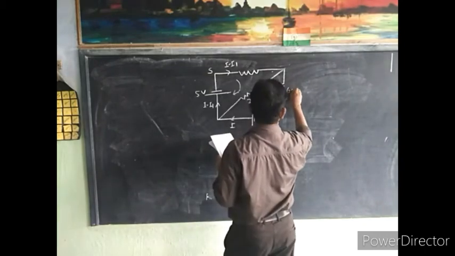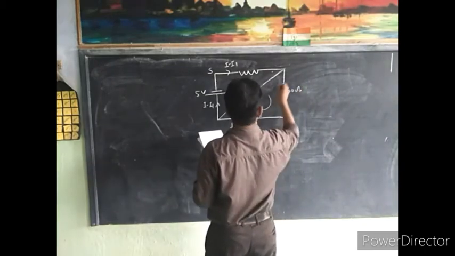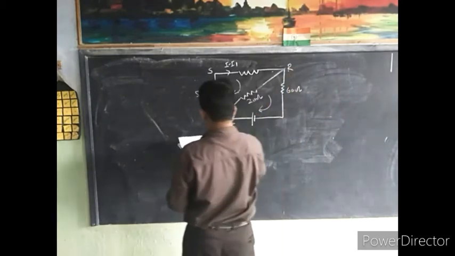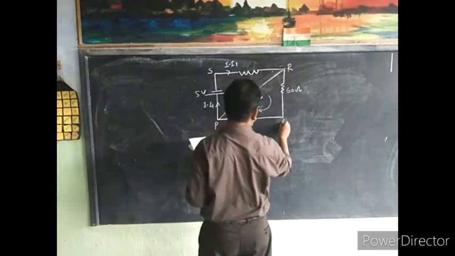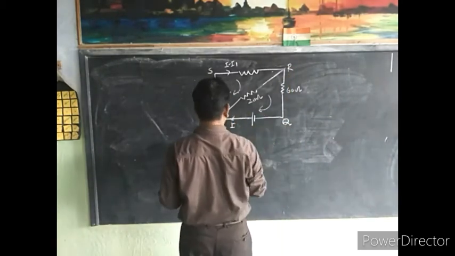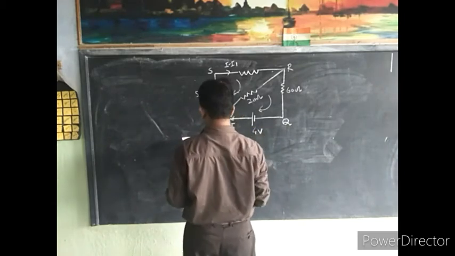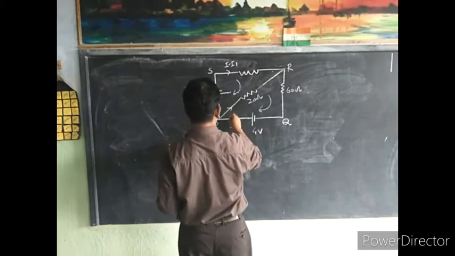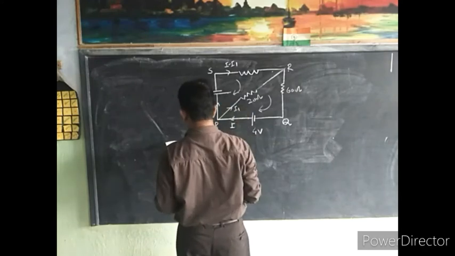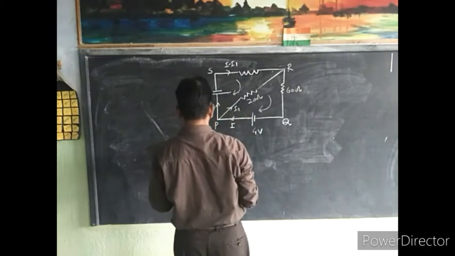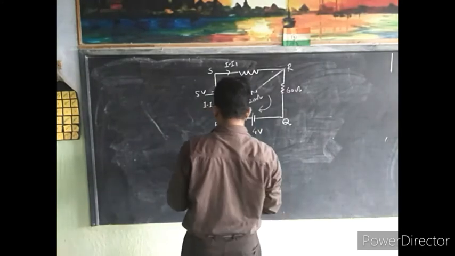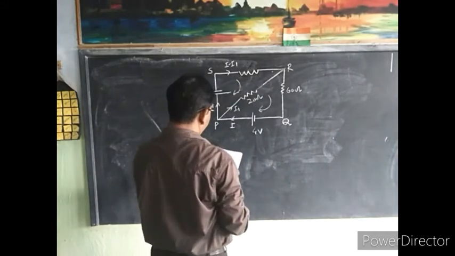This is 60 ohm, here R, P and Q, this is 4 volt, here current I1 goes through it. Now we see the diagram.